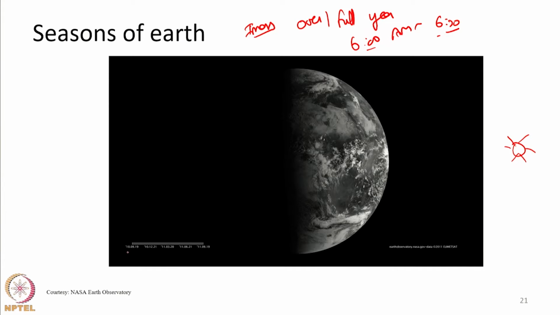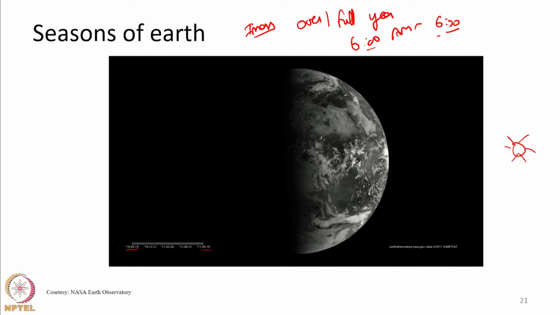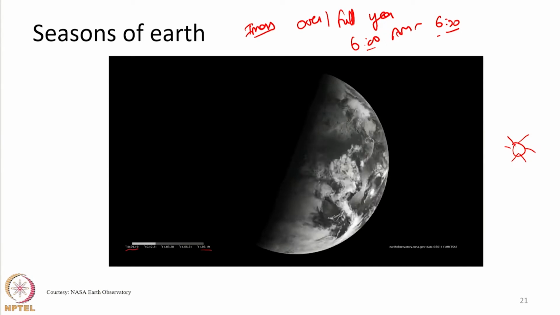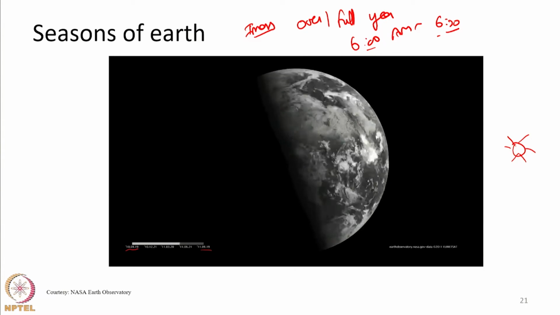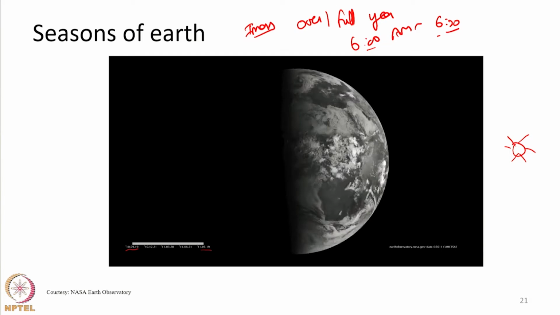The image start date is 10th September 2019, and it moves all the way up to 11th September of the next year. Just see how the sun's light varies on different days. This is to depict seasons. You can clearly see how the sun's radiation varies on the Earth's surface from North Pole to South Pole.